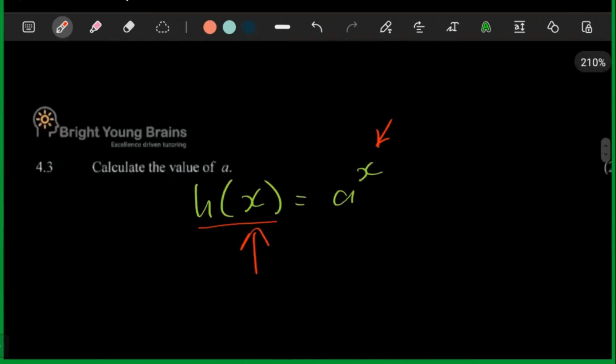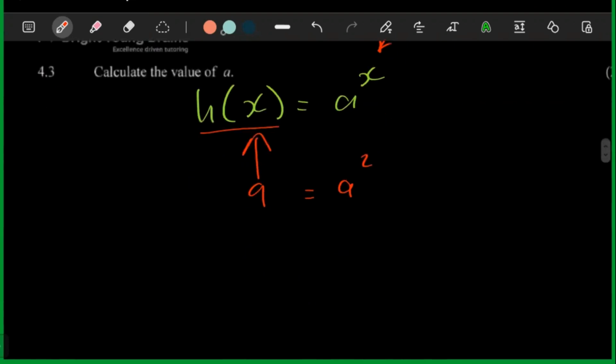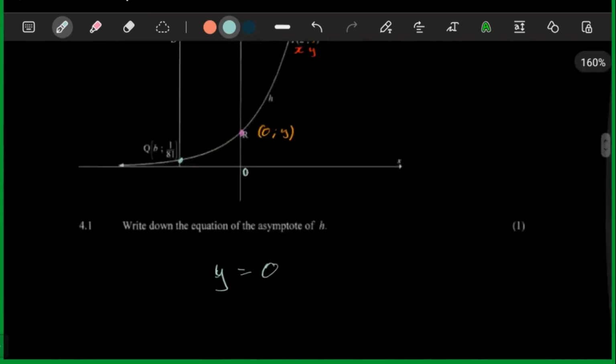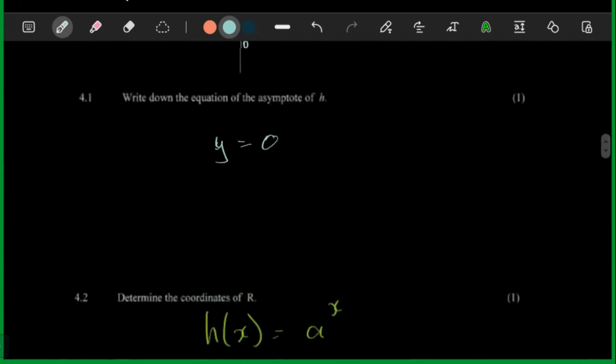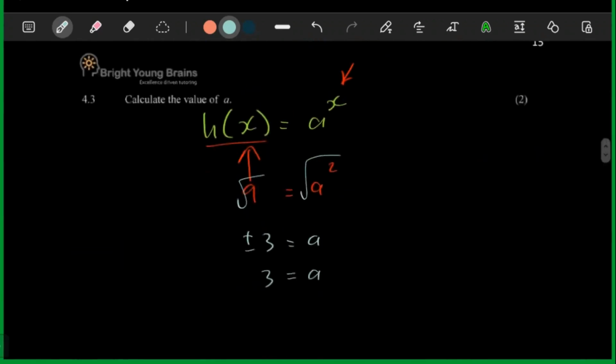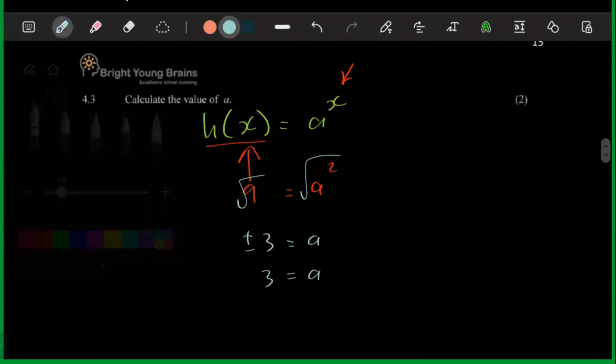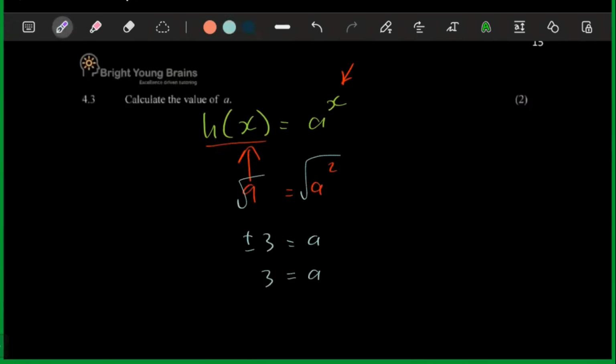So y is 9 and x is 2. Here you take the square root of both sides, which gives you plus or minus 3. But this is where the fact that they told you a is a positive number comes in. That's how you choose that a is plus 3, and you don't have to worry about the plus and minus symbol.